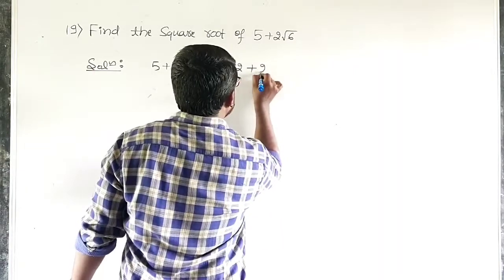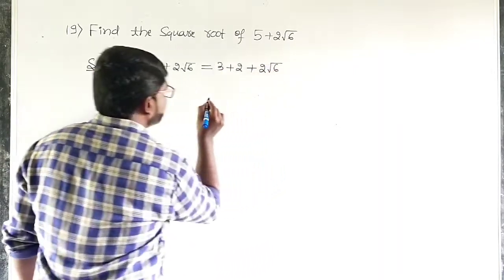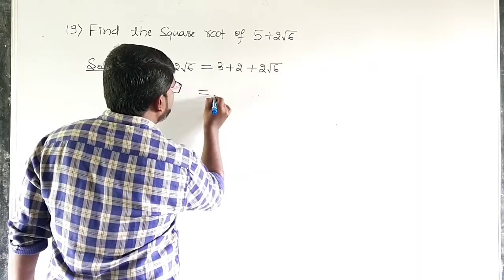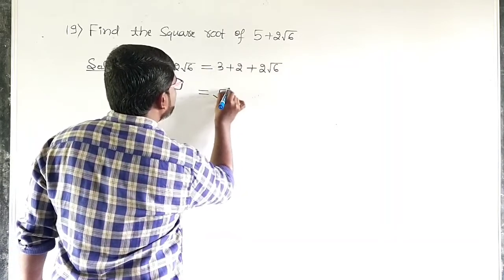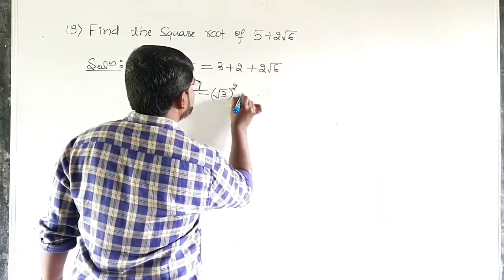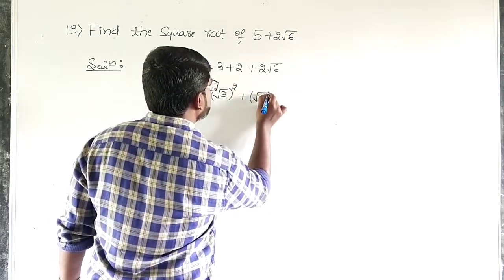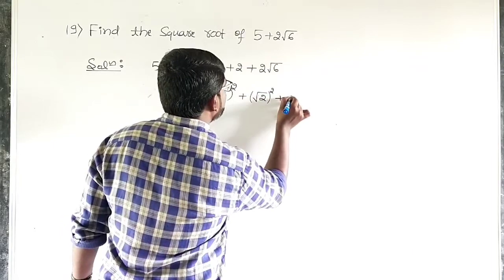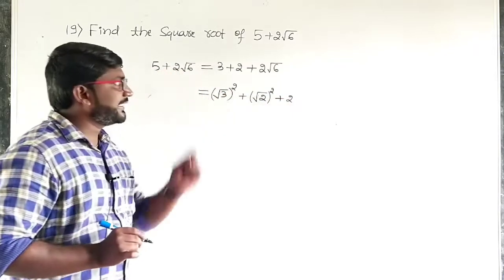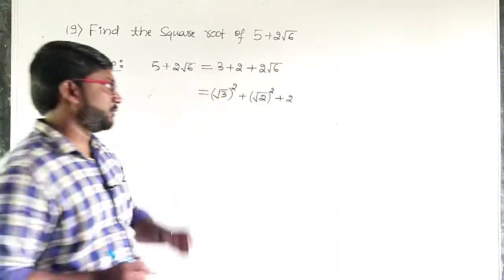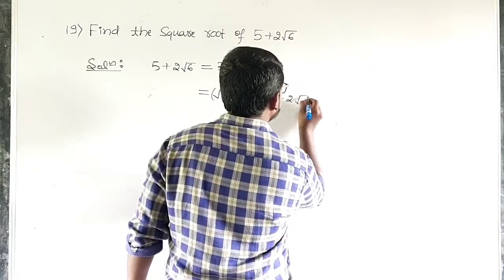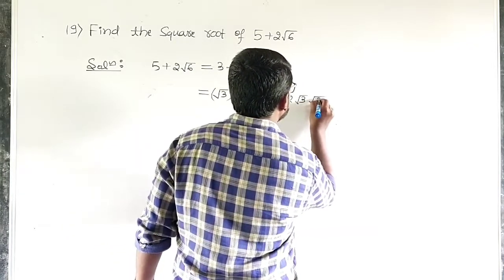So 3 can be written as root 3 the whole square, plus 2 can be written as root 2 the whole square, plus 2 times root 6 can be written as 2 times root 3 into root 2.